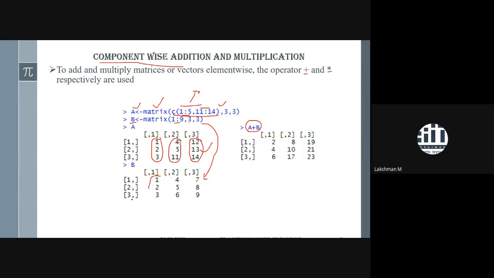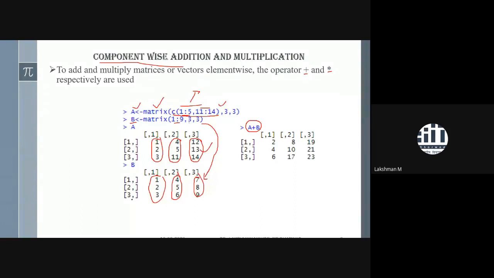Similarly here, entries of the second matrix are coming row wise. Now if we are talking about addition of these two matrices, first condition from linear algebra, you know that matrices must be of the same order, then you can add. That is the compatibility of addition of two matrices.